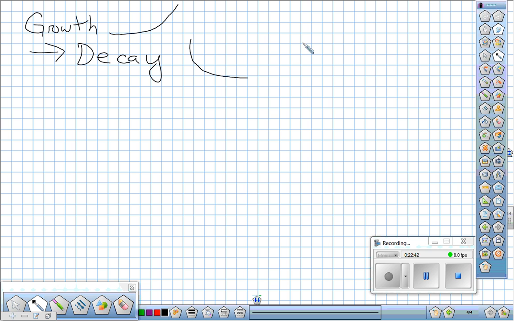What happens is the different types of formulas. For growth, it was just P of t equals P sub 0 e to the kt. For decay, the only thing that's going to change is it'll still be P sub 0, and it'll be e to the negative kt. So as soon as I see a negative sign, it's decay.